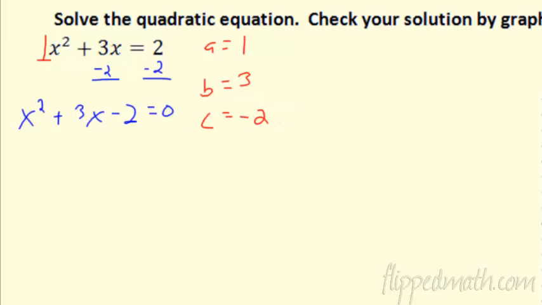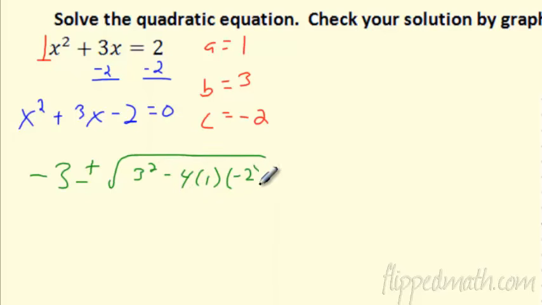I'm ready to use the quadratic formula. This is really a matter of plug and chug. I love it. So let's plug these in. I've got b is 3. So this is looking like negative b plus or minus the square root of what? b squared minus 4 times a times c, and that's all over 2a.